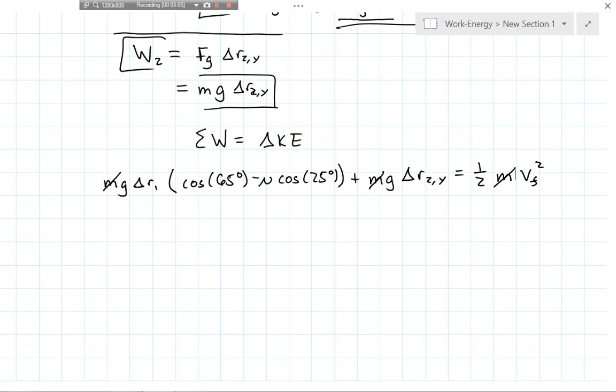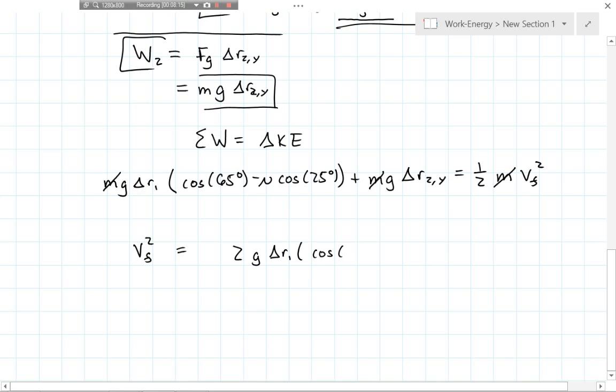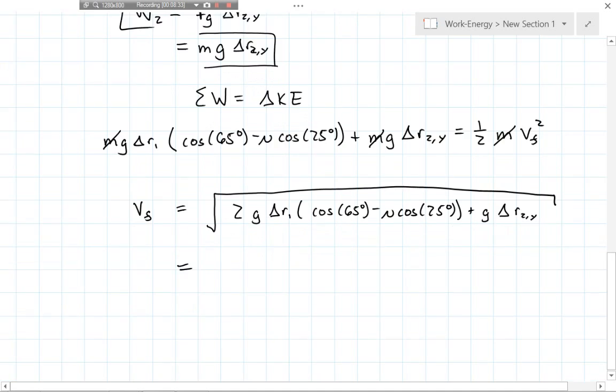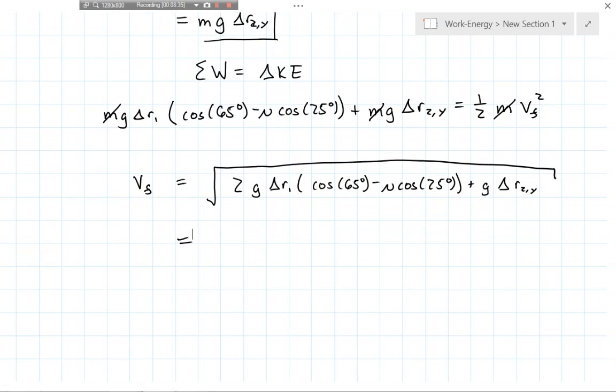And we see that the final velocity squared is just going to be equal to 2g delta r1 times cosine of 65 degrees minus mu cosine of 25 degrees, plus g delta r2,y. And finally, solving for the final velocity, I can just square root both sides. If I plug all this into a calculator, I see that the final velocity is equal to 10.4 meters per second.